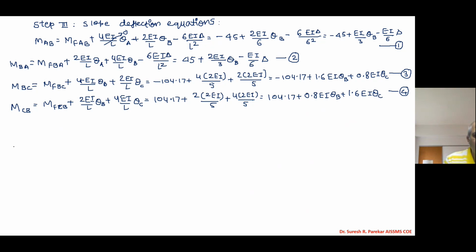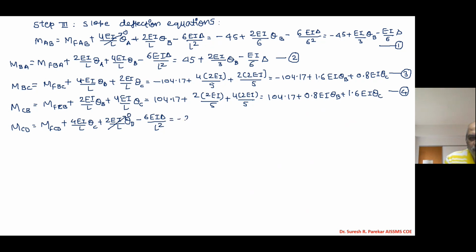Then we have MCD, MFCD plus 4 EI upon L theta C plus 2 EI upon L theta D, column. So we have 6 EI delta upon L. Then theta D is 0.